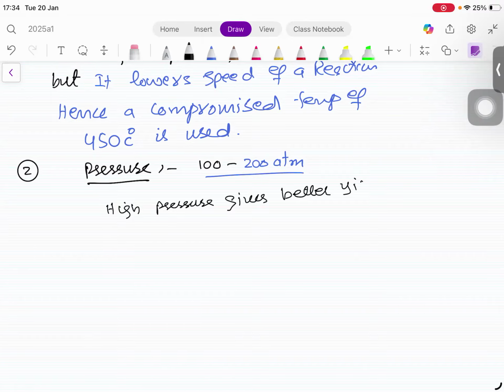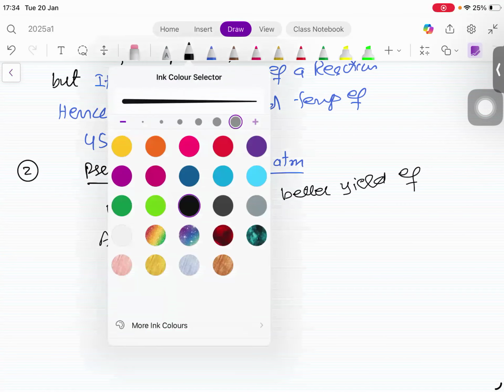Why better yield of ammonia? Let me explain it.